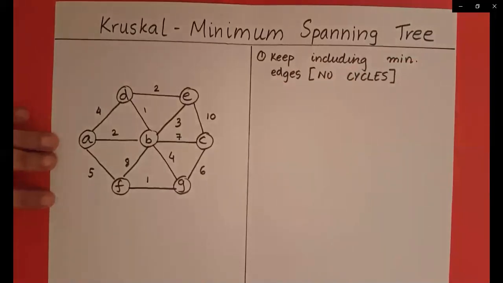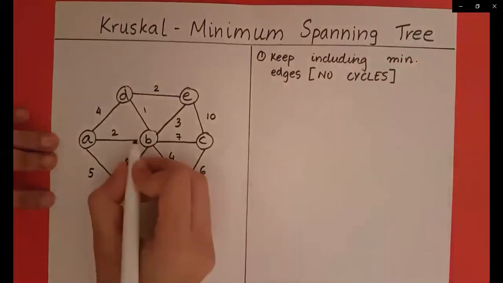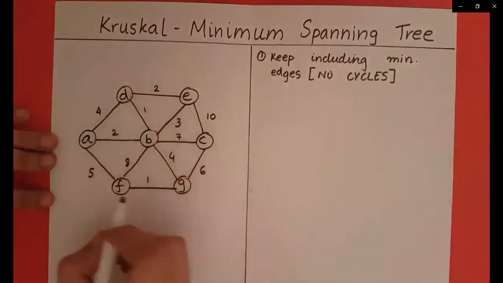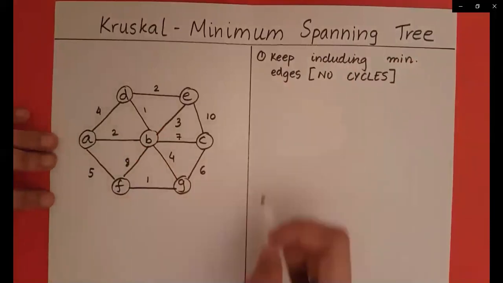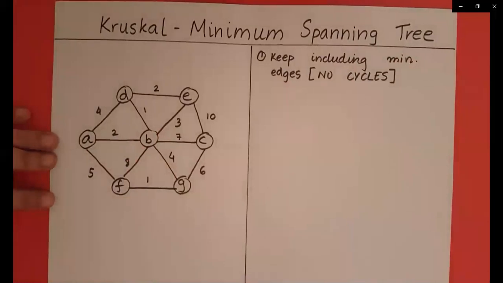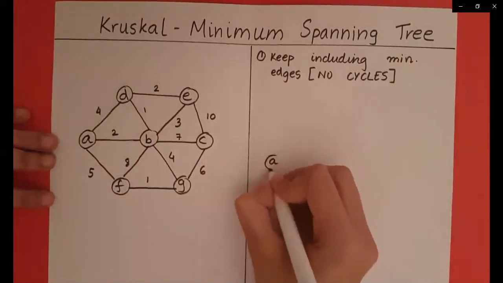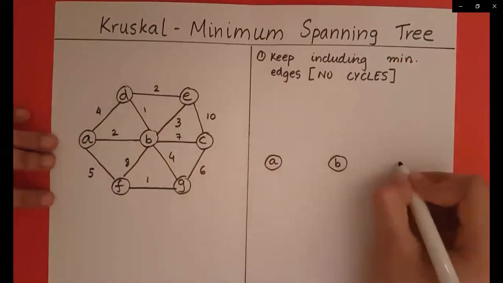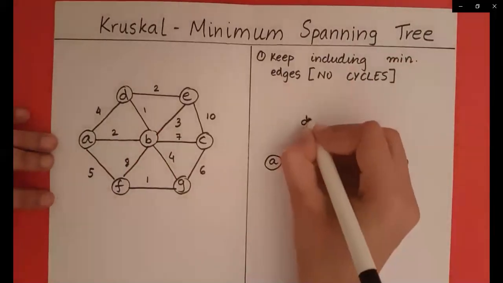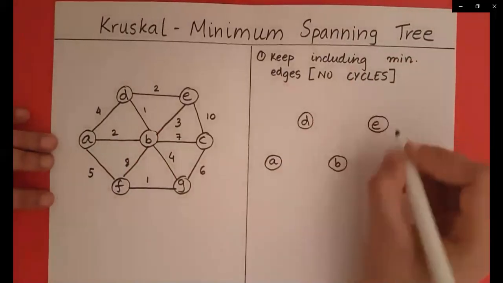If it forms a cycle, we just ignore or discard it. So here, from this graph, we will go based on an arbitrary vertex, which is considered to be E.